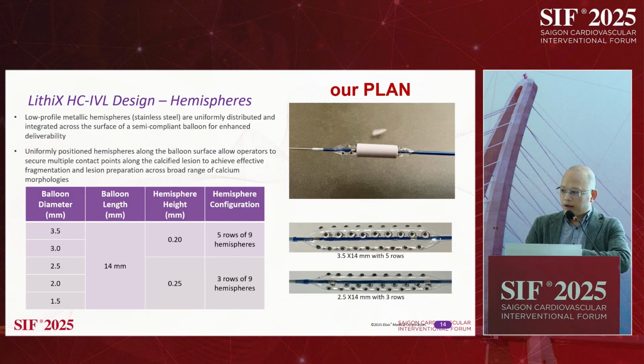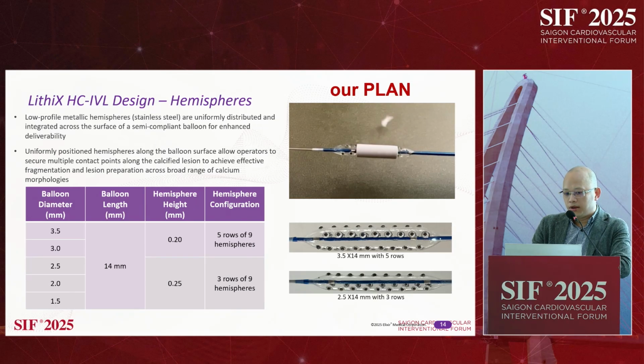As the IVUS shows, we have some calcification cracks, but the lumen area is not what we wished for. So our plan is a balloon-based strategy.